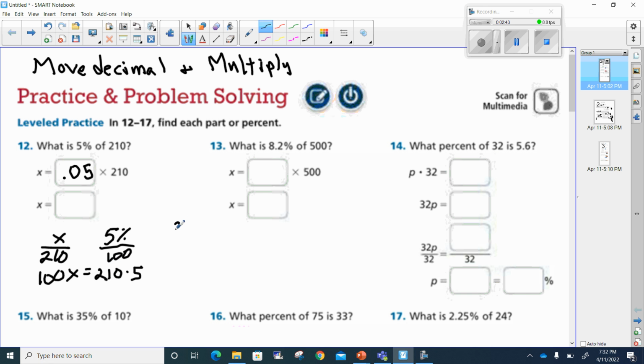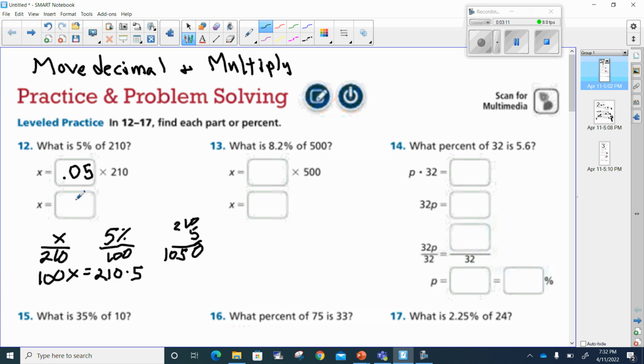So you see we got 210. When I multiply it to 5 and divide by 100, dividing it by 100 is making it go back 2 spaces. So we got 5 times 0, that's going to be 0. 1 times 5, that's 5. And then 2 times 5, that's 10. That's 1,050.